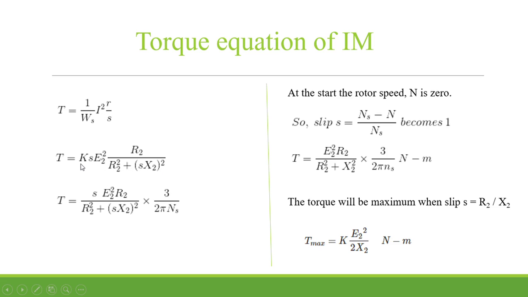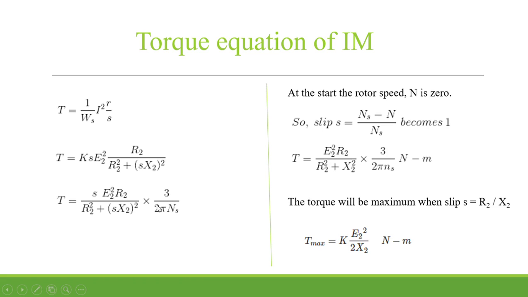So the torque equation can be written as such, where this k is the constant which can be replaced by 3 upon 2 pi ns. So just remember this equation of torque. This is important. Here, 3 is for the three-phase induction motor, then this is s, the slip, multiplied by e2 square, the rotor side emf square, multiplied by r2, the rotor resistance, divided by r2 square plus (s times x2) whole square.